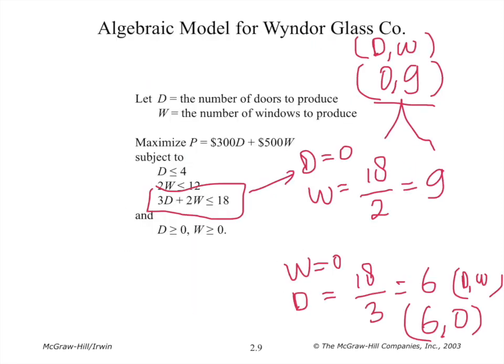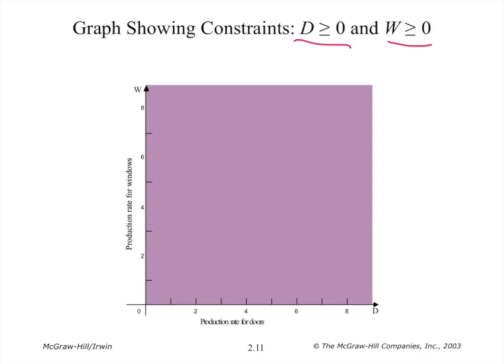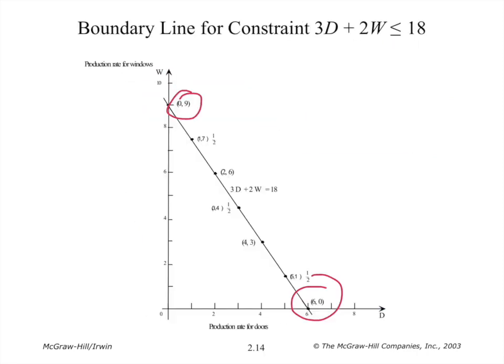Okay, (0, 9) and (6, 0). That is, 6 is t and then w is 0; that is, t is 0 and w is 9. So we can plot this line, that is the (t, w) point.